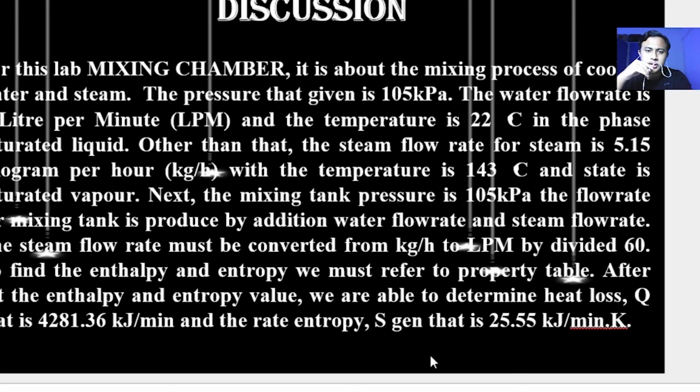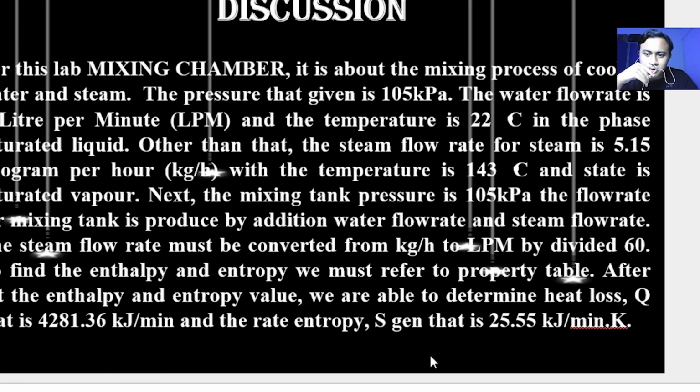For the discussion, this lab on the mixing chamber is about the mixing process of cooling water and steam. The given pressure is 105 kilopascal. The water flow rate is 2 liters per minute and the temperature is 22 degrees Celsius in the saturated liquid phase.